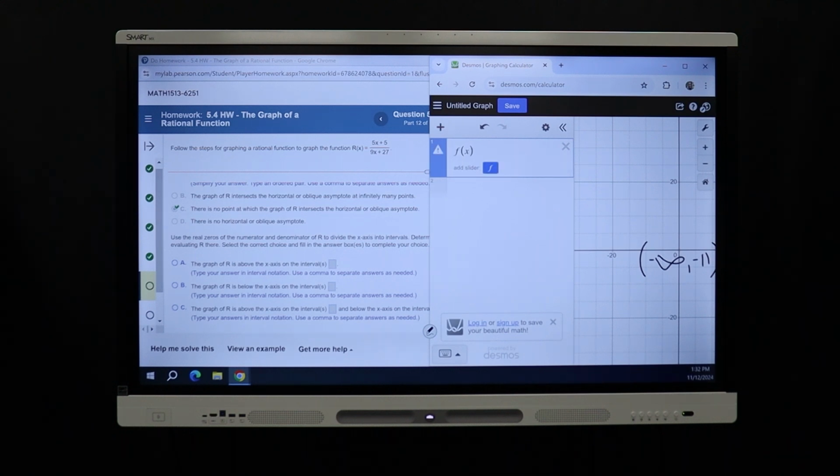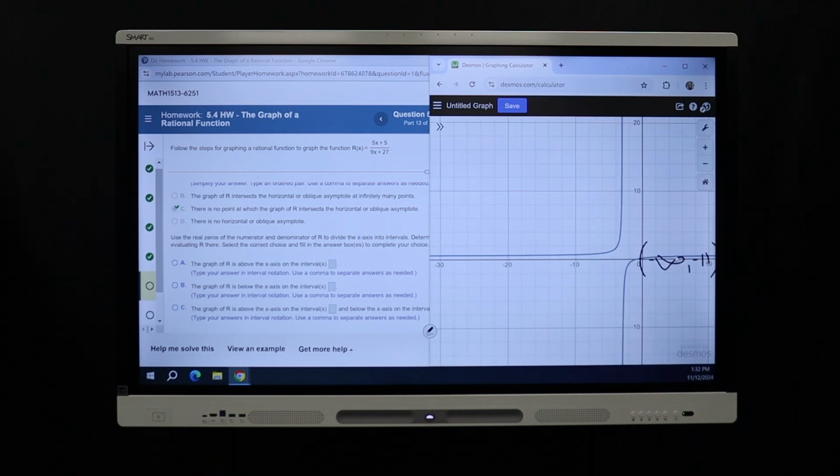F of x equals 5x plus 5 over 9x plus 27. Okay, now then I'm going to scoot this over.